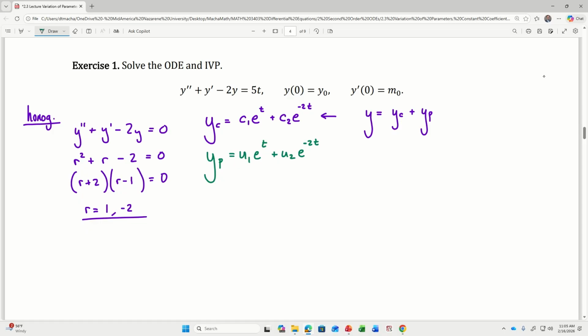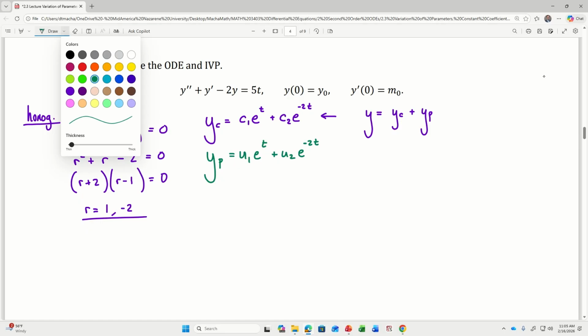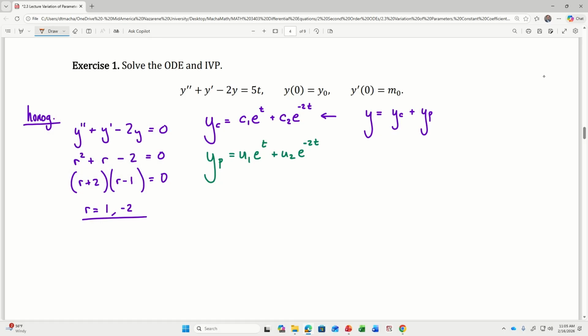So how do we find the u1 and the u2? We have to write down that system of equations I said you have to memorize.